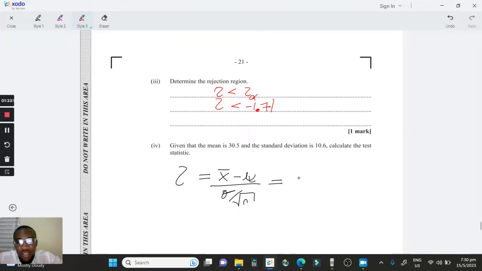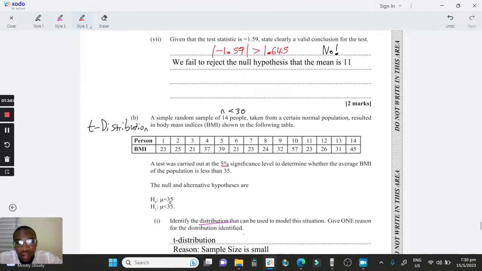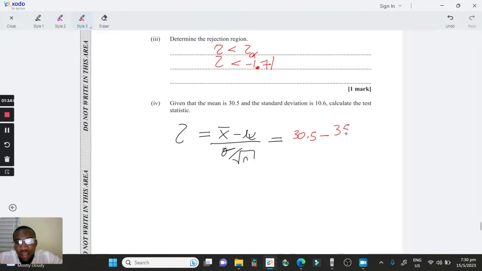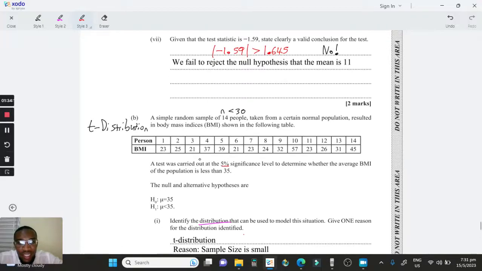So now working this out, x bar is 30.5 minus the mean they gave, 35, divided by the standard deviation 10.6 divided by the square root of n, where n is 14.